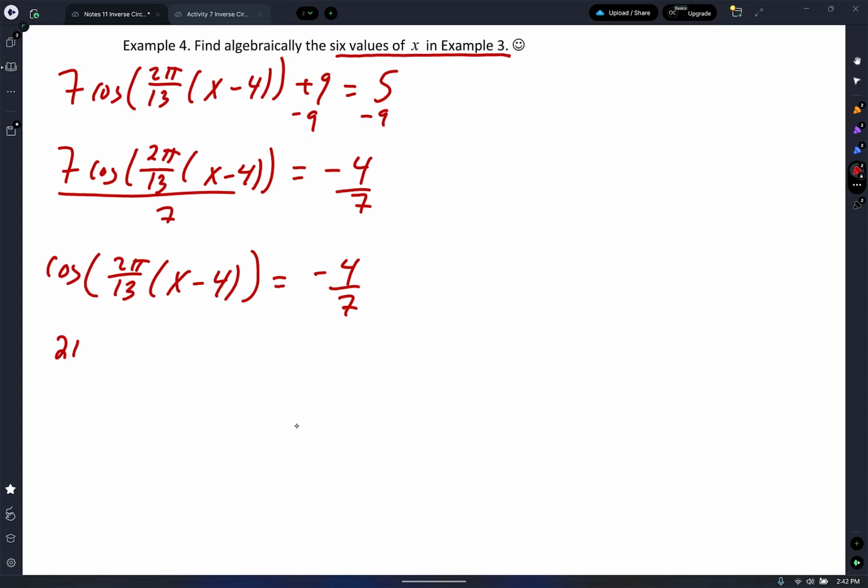You're going to have 2 pi over 13 x minus 4, close, equals, and when it's cosine, put the plus minus in the front. Plus minus arc cosine. You can also say inverse cosine. Negative 4/7, and then put plus 2 pi n, because every revolution will get you back to the same location. The n is an integer. Are we okay so far? Okay, so catch up to there.